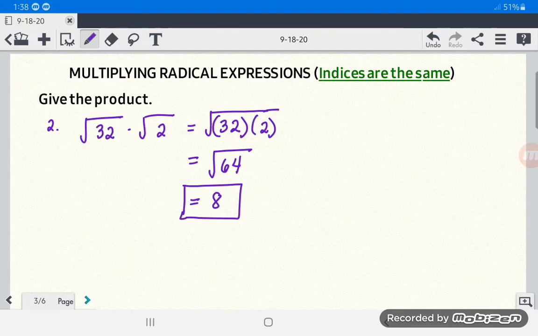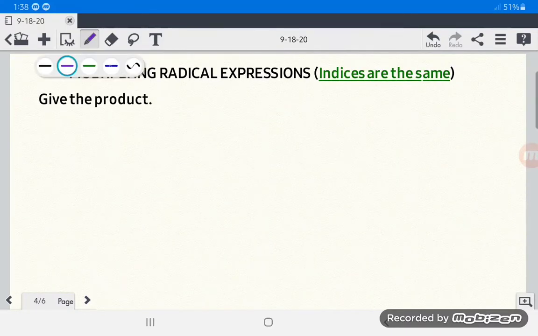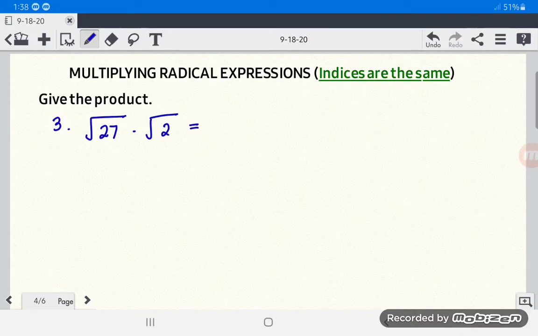Okay. Next, number 3. Let's say we have the square root of 27 times the square root of 2. Again, using the product rule for radicals, we have 27 times 2. Okay, so we have here 54.